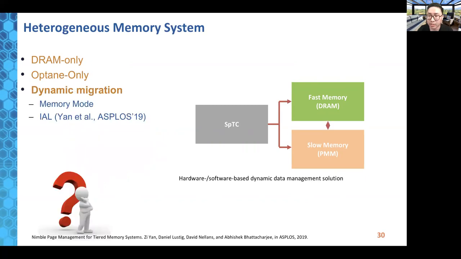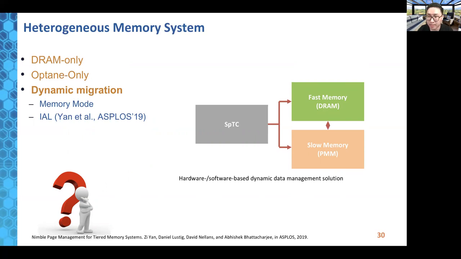The hardware and software-based dynamic migrations are the most popular and the state-of-the-art solutions. The hardware-based dynamic data migration is managed by the chips inside the memory controller and is decided by Intel.